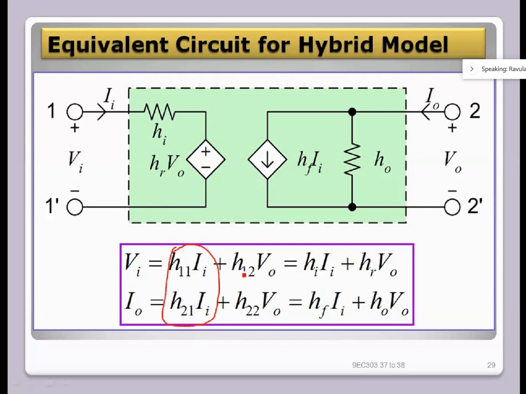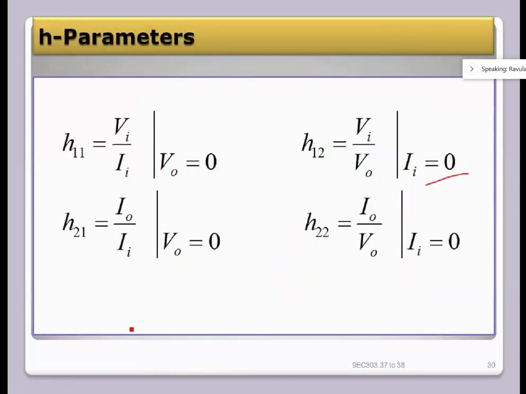So here H12 equals Vi by V0, and H22 equals I0 by V0. So here we have simplified the equations. Now we have got the values of H11, H12, H21 and H22.